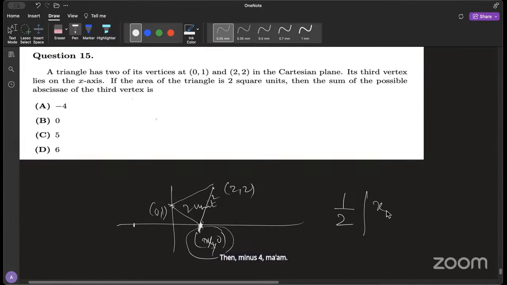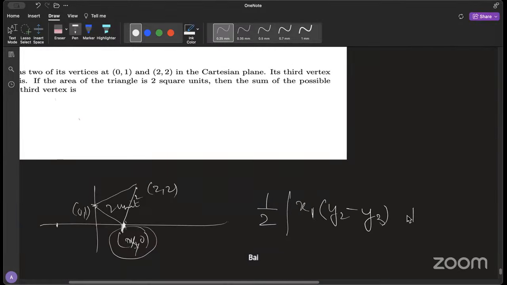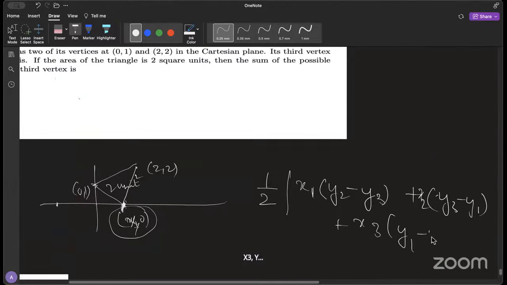The area formula is x1 times (y2 minus y3), then x2 times (y3 minus y1), and then x3 times (y1 minus y2).